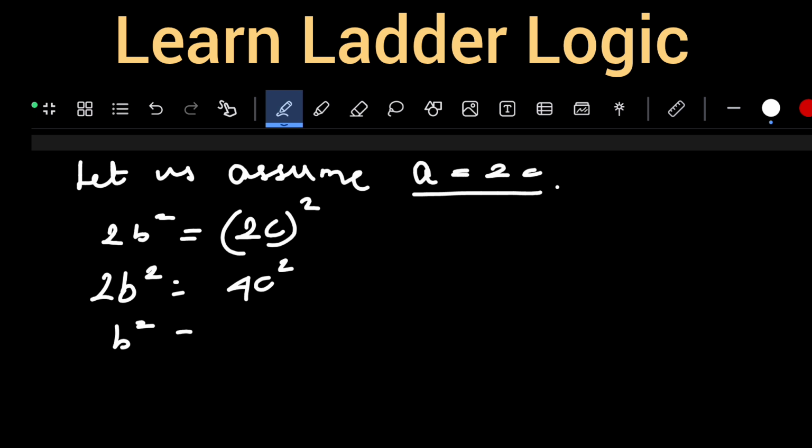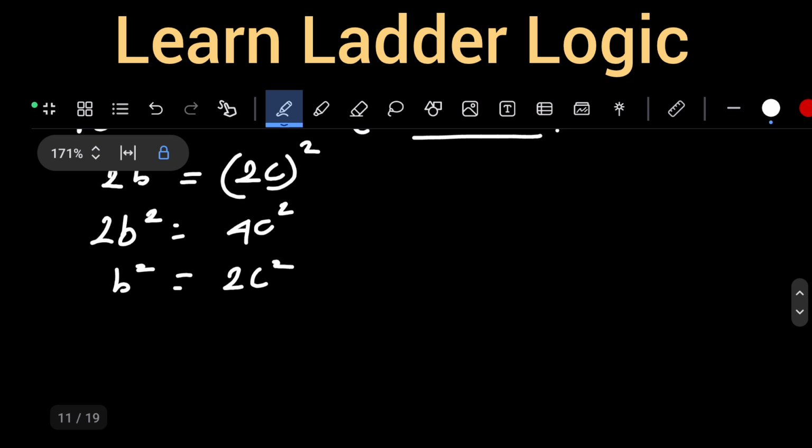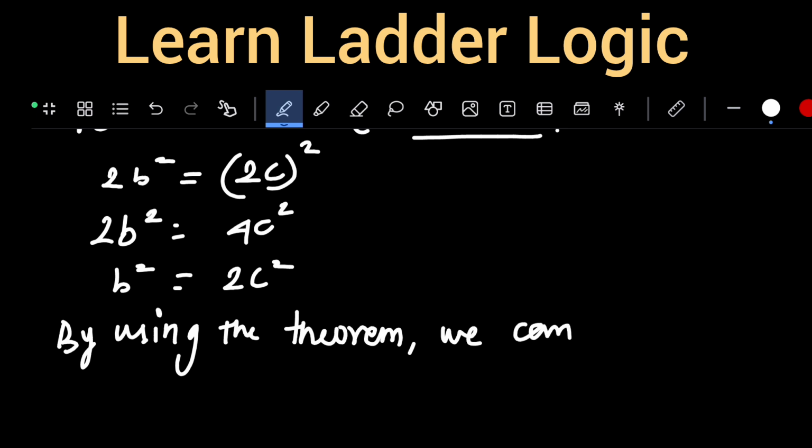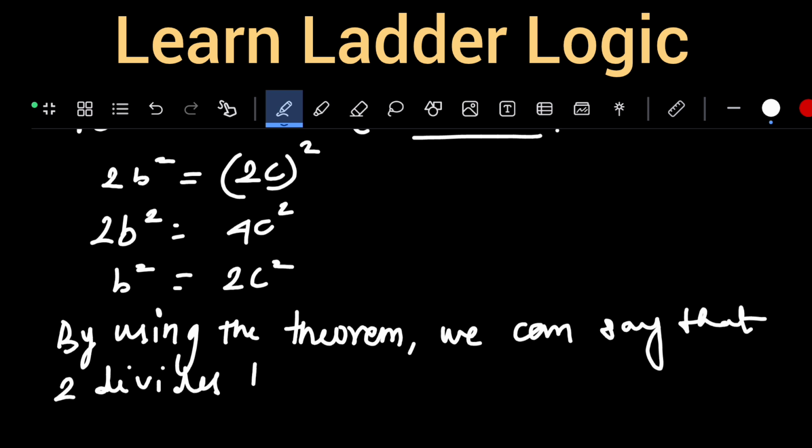Cancelling it, b square is equal to 2c square. Then I'll write again by using the theorem, we can say that 2 divides b square, then 2 divides b.